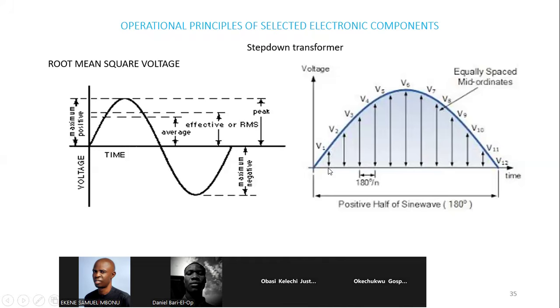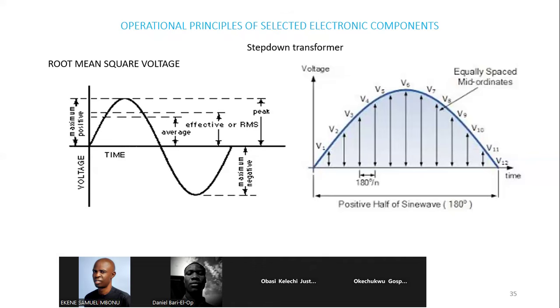Another way to do it is to take V1 squared plus V2 squared plus V3 squared plus V4 squared, that is the value of the voltage here, plus V5 squared up to V12 squared. We add them up and find the average, that is, divide them by 12. When we do that, that is what is called the mean square average.